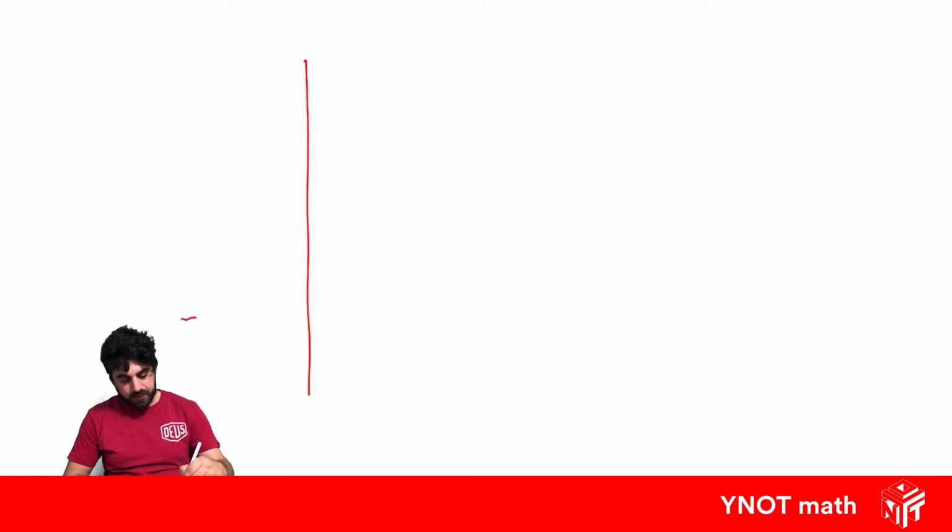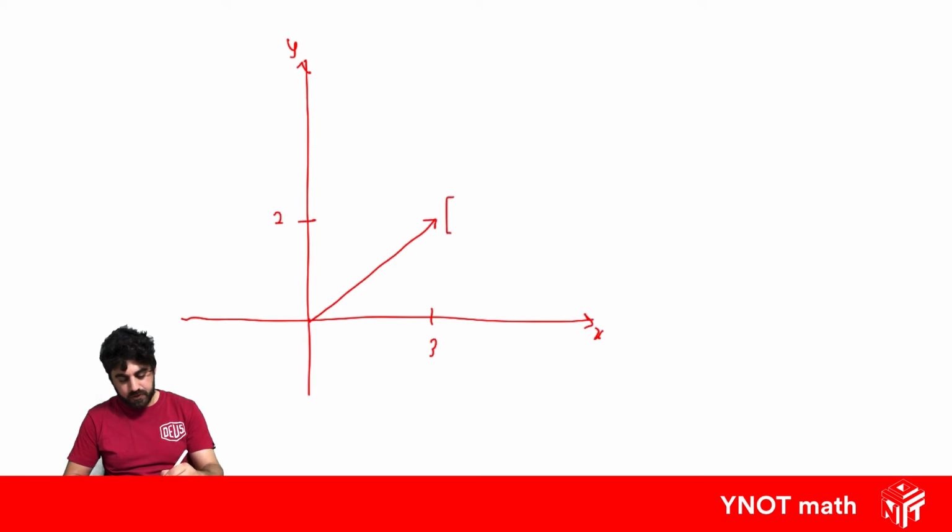So remember that if we have a position vector, let's say in this case with x going on the x-axis to 3 and the y to 2, this can be the column matrix 3, 2.